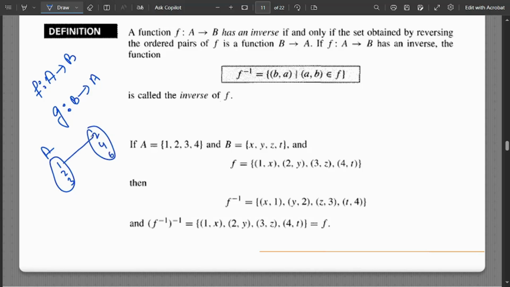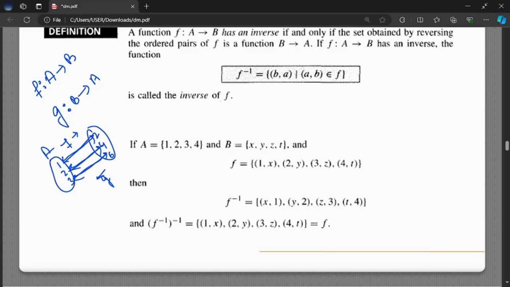That is 1 to 2, 2 to 4, and 3 to 6. Then the inverse function G pulls back 6 to 3, 4 to 2, and 2 to 1. That is G, where the domain and range interchange with each other.